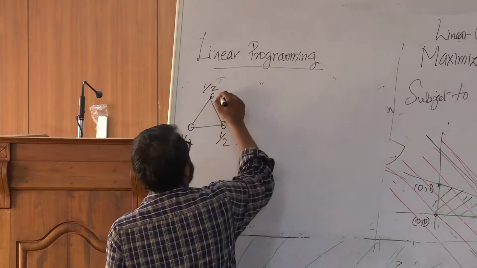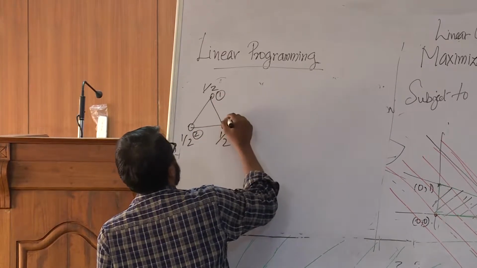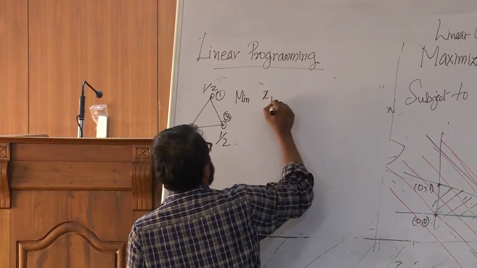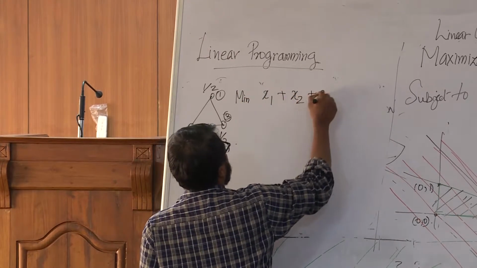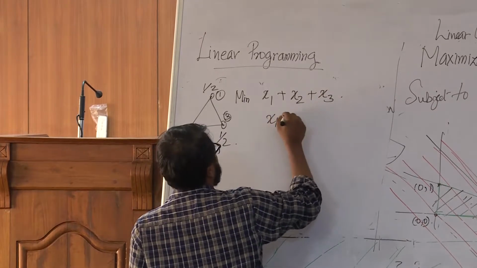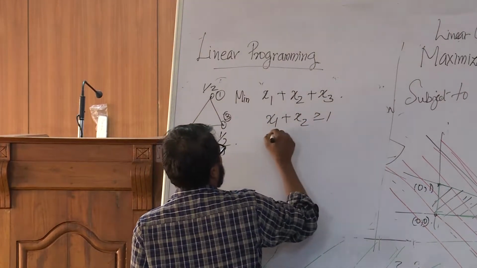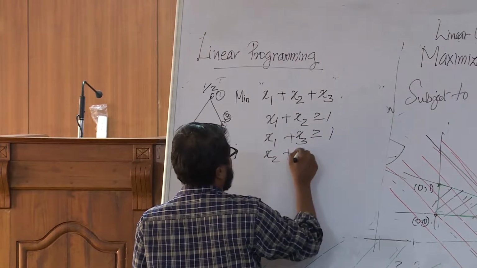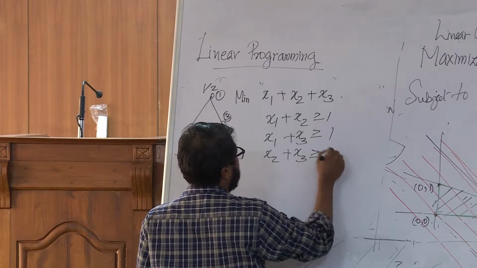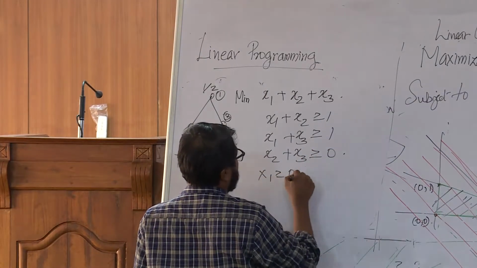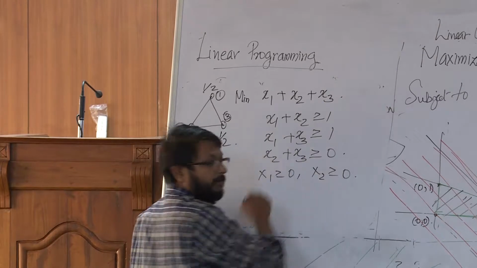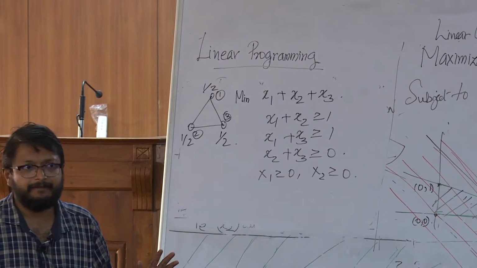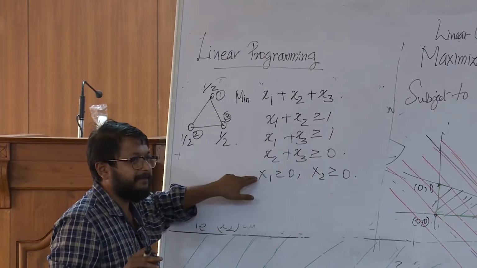So the problem is, if I look at this as vertex number 1, vertex number 2, vertex number 3, minimize x1 plus x2 plus x3 subject to x1 plus x2 greater than or equal to 1, x1 plus x3 greater than or equal to 1, x2 plus x3 greater than or equal to 1, x1 greater than or equal to 0, x2 greater than or equal to 0. This is your vertex cover formulation, right? I hope you have done the vertex cover, right? What is the optimal solution to this?